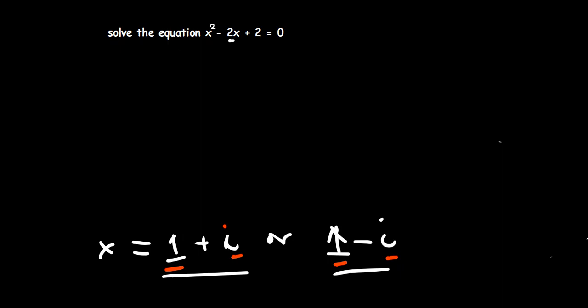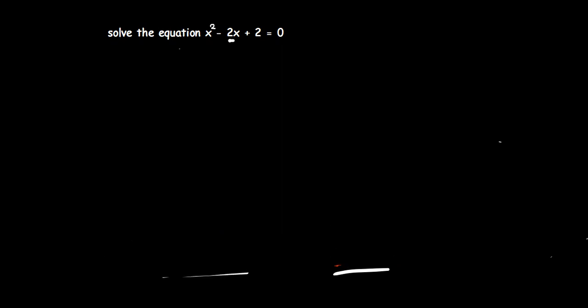So complex numbers, let me erase this first. Okay, complex numbers are just ordered pairs (a, b), where a and b are written as a plus ib, like that.